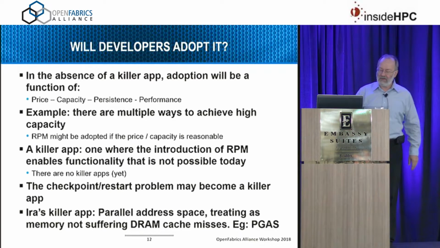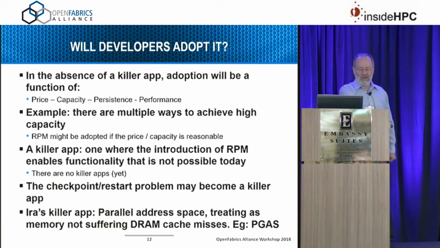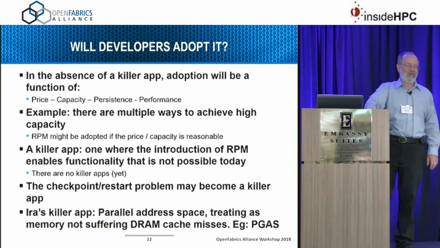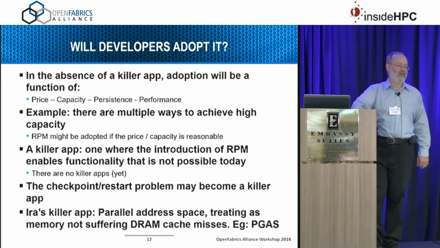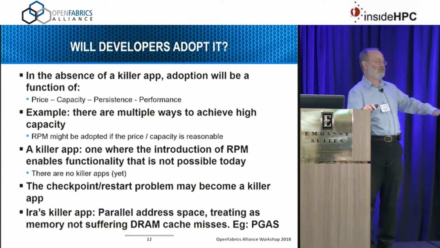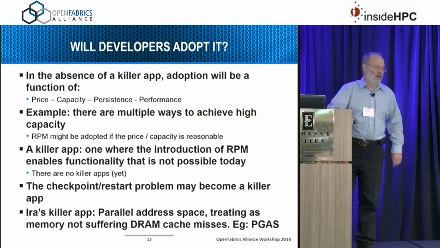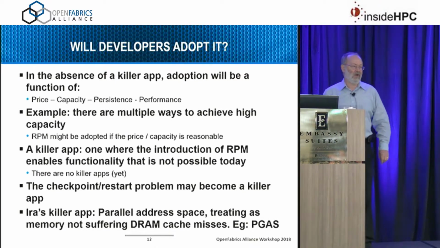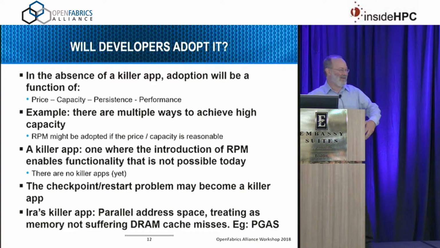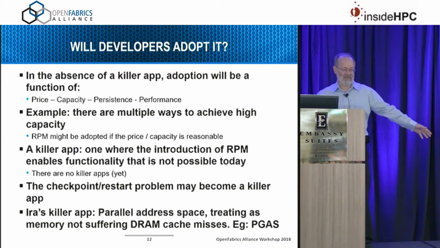There was one other highlighted here, mentioning IRA at the bottom. Suppose that you were able to create a parallel address space across a large range of either distributed or shared persistent memory, and then create some infrastructure to allow a kind of logically uniform but NUMA way of accessing the persistent memory in that system.